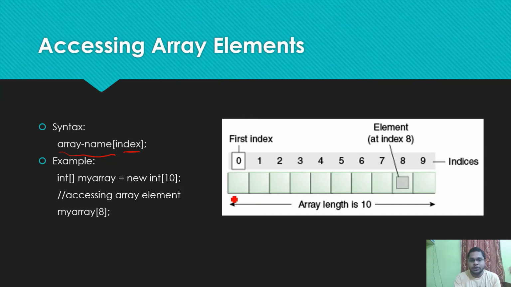For example, this is my array with size 10, that is, the array length is 10. If we want to retrieve the 8th position, we write the array name, put the index number 8 inside the square brackets, and whatever the value is, it is returned. So this is all about accessing array elements.